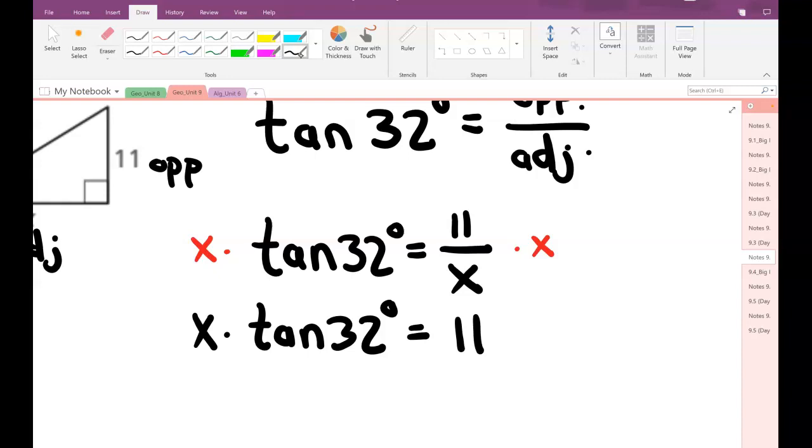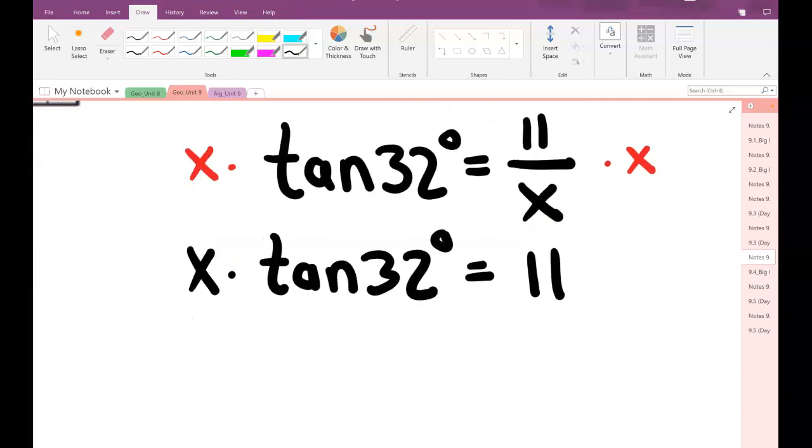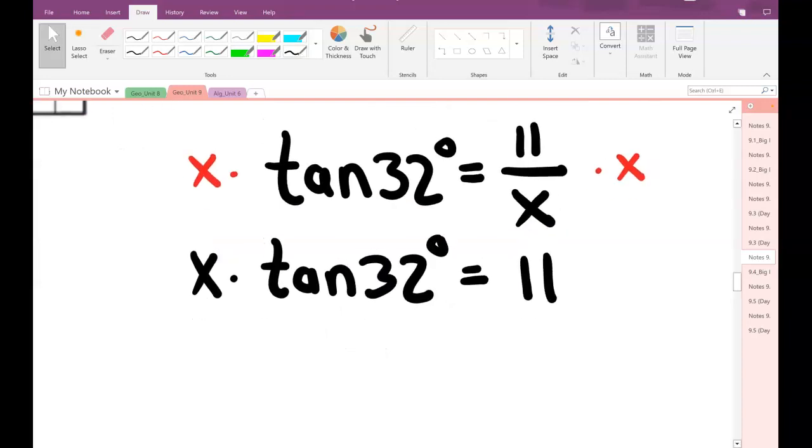All right, to solve for x now. This is x times, like I said, tangent of 32 is a number. So I can divide each side by the tangent of 32 degrees.